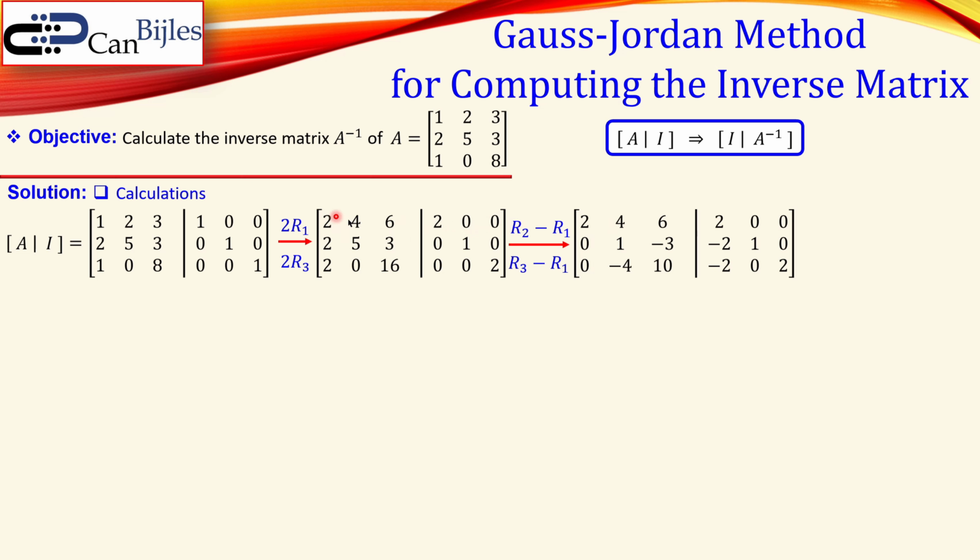So 2 minus 2 is 0, 5 minus 4 is 1, that's shown here, 3 minus 6, that's minus 3, 0 minus 2, that was minus 2, 1 minus 0, 1, 0 minus 0 is 0. Next one, 2 minus 2 is 0, 0 minus 4 will be minus 4, 16 minus 6 will be 10, 0 minus 2 will be minus 2, and 0 minus 0 is 0, and the final one is 2 minus 2 is 2.